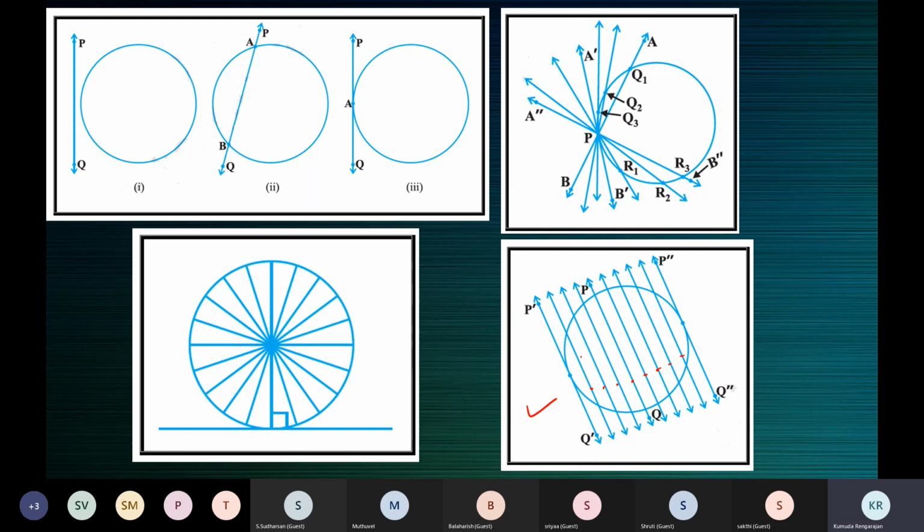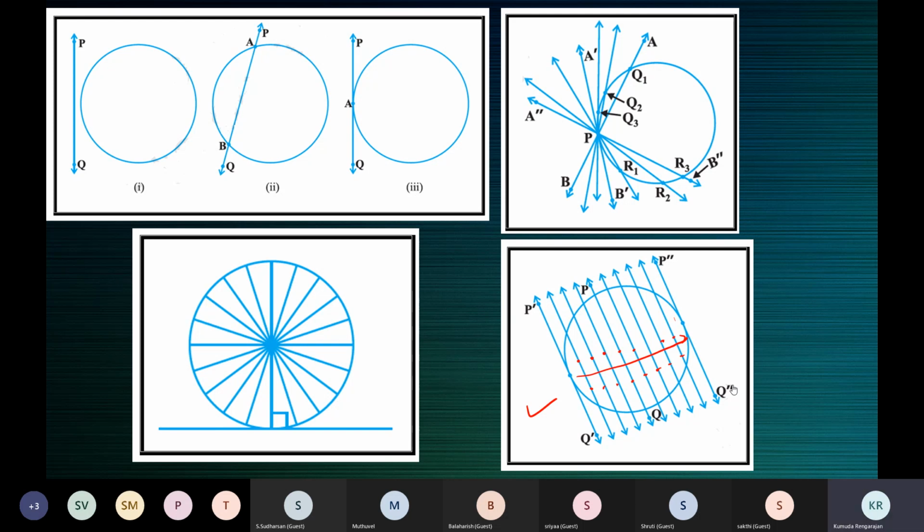See, these are lines, or these are secants. We'll say lines now. These are lines that are parallel to P dash Q dash. And you can see that there can be only one tangent, called P double dash Q double dash, that can be parallel to the tangent P dash Q dash. We have the proof, children. We're just seeing it diagrammatically.